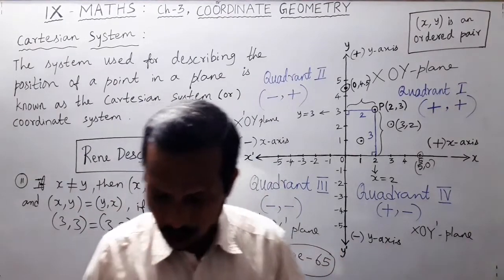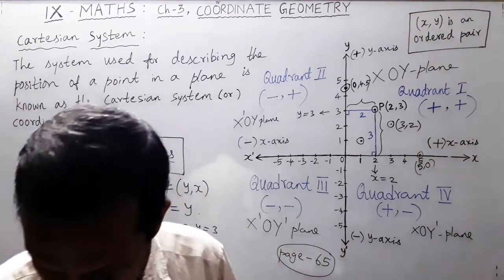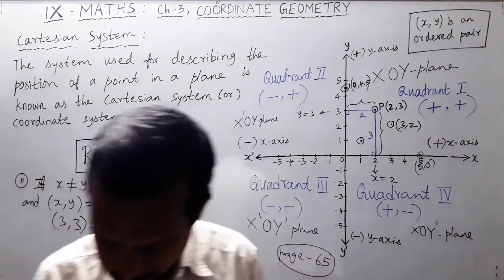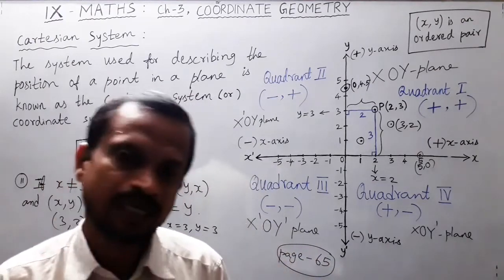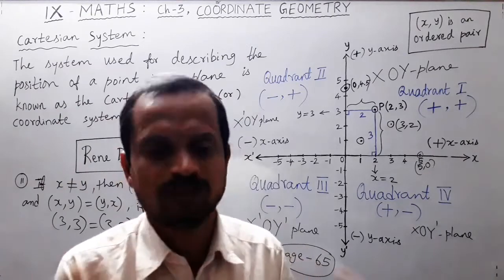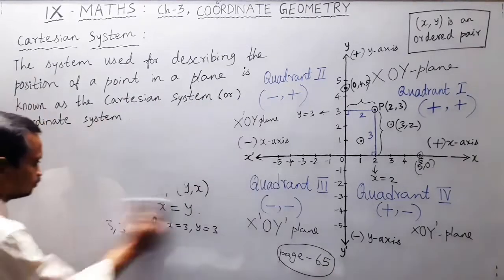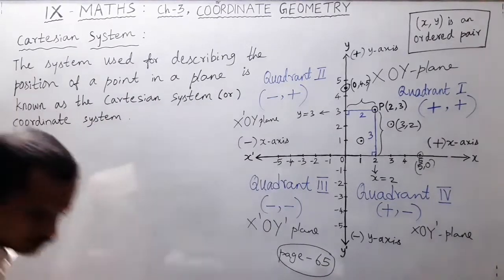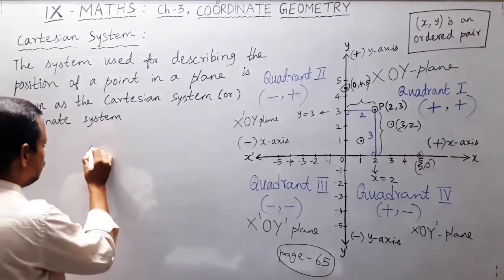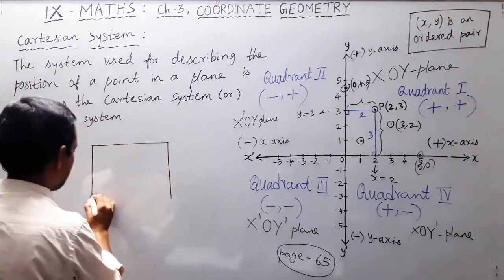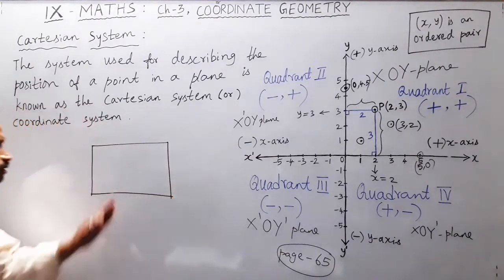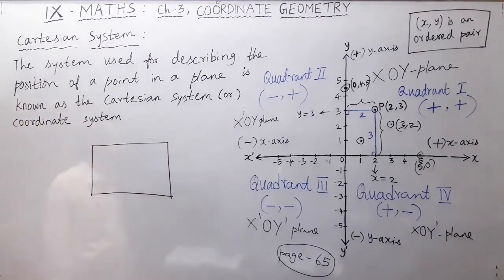First question: how will you describe the position of your table lamp on your study table to another person? You see, you take this rectangle as the top of the table.